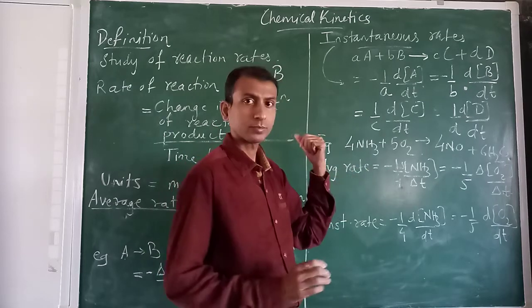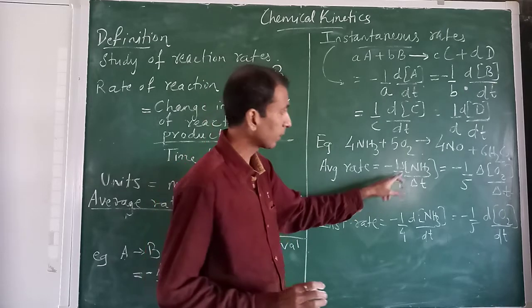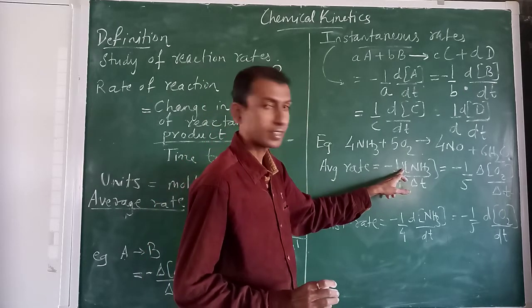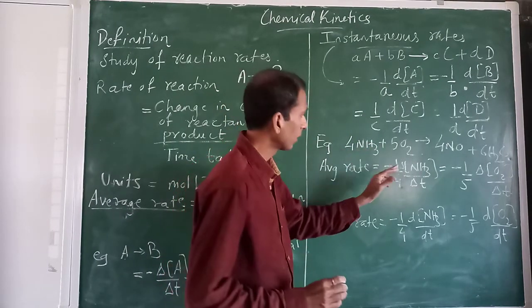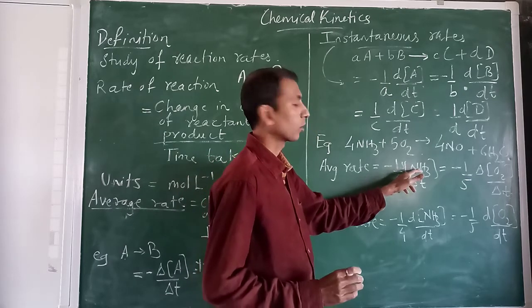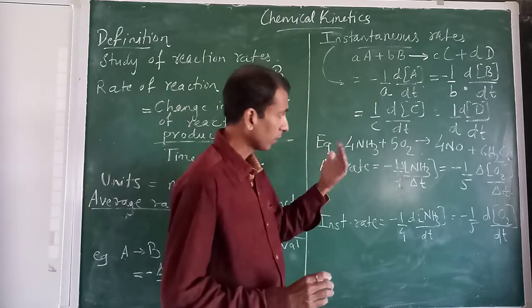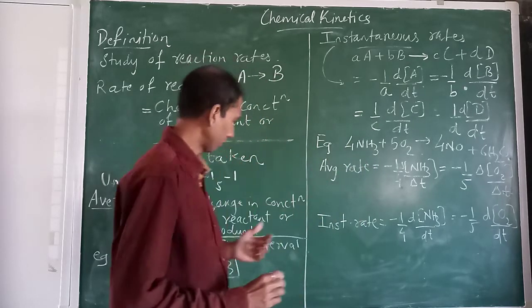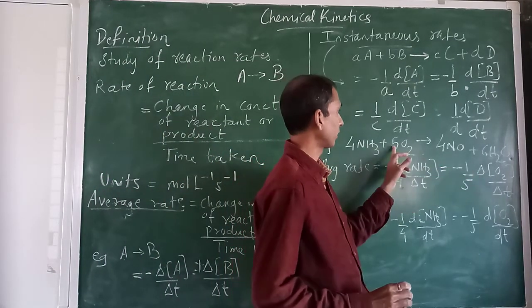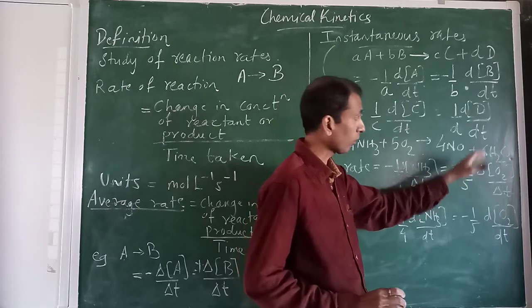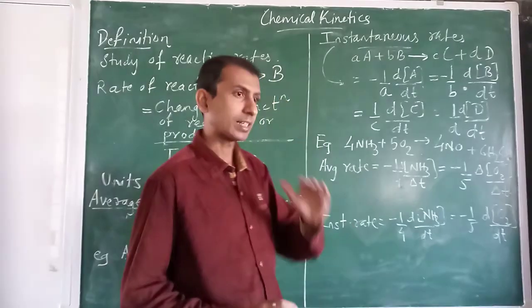Average rate can be written in this way: minus 1 upon 4, the coefficient we have to consider here, with delta, the time interval. If they have given the time interval, then you can write this equation: minus 1 upon 4 delta molar concentration of ammonia upon delta T. So change in the concentration of reactant ammonia upon time interval. That is also equal to minus 1 upon 5, change in the concentration of reactant oxygen upon the time taken for the change, that is the time interval.